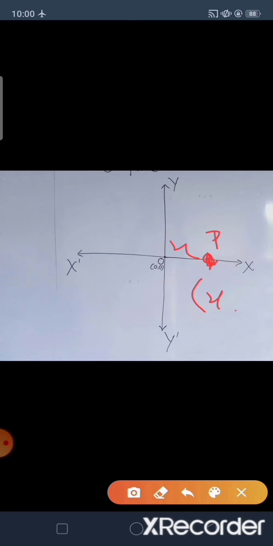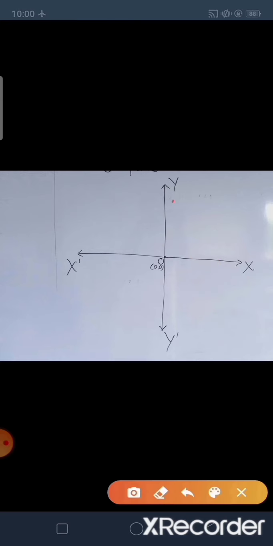So we say the coordinate of point P is (x, 0). So a point on the x-axis always has ordinate 0. Similarly, when a point M is on the y-axis, the distance OY is y, and the distance along x is nothing, so the distance OX is 0.